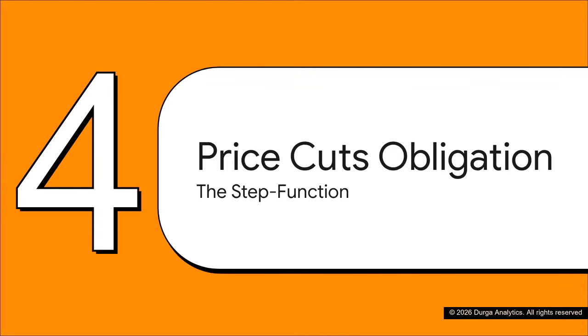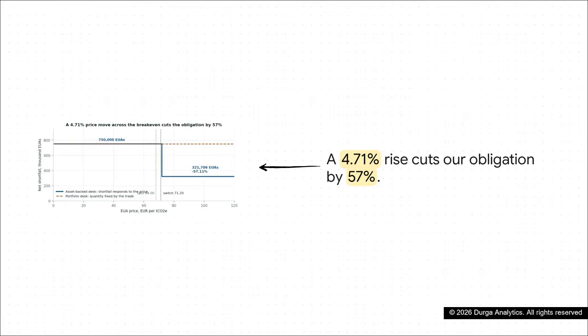Moving on to Section 4. Price cuts the obligation. In most standard trading, price and volume are independent variables. But watch what happens here. If the carbon price moves from our spot of €68 just up past that 71.20 break-even, boom, it's a dramatic step function. For the portfolio desk, their ledger is static, just a flat line.